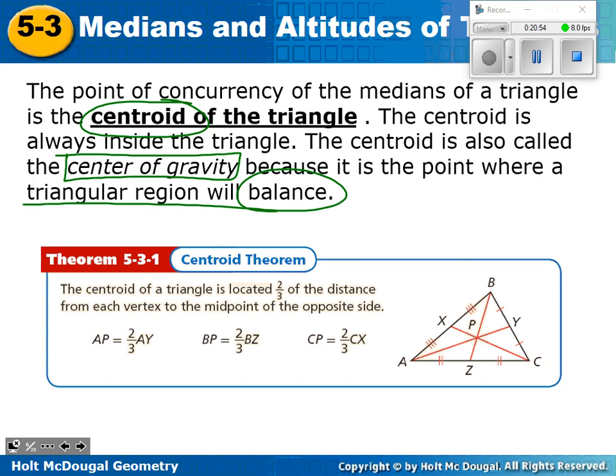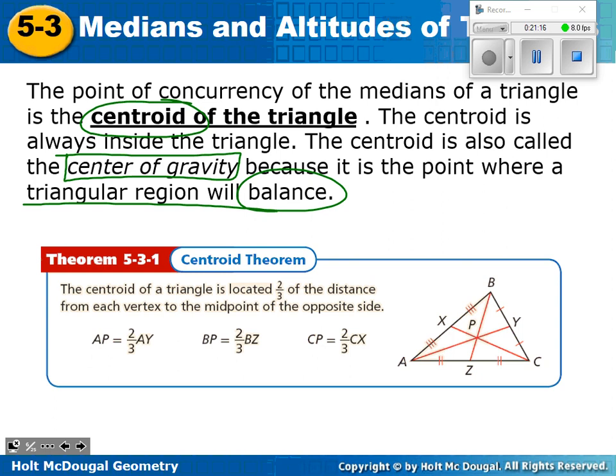All right, and we reviewed at the beginning of class, perpendicular bisector creates the circumcenter and it's equidistant to the vertices. Angle bisector creates the incenter and it's equidistant to the sides. The medians create the centroid, and it is not going to be equidistant to anywhere, but it does have a special theorem about it.